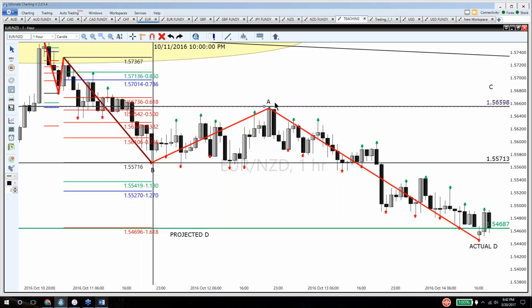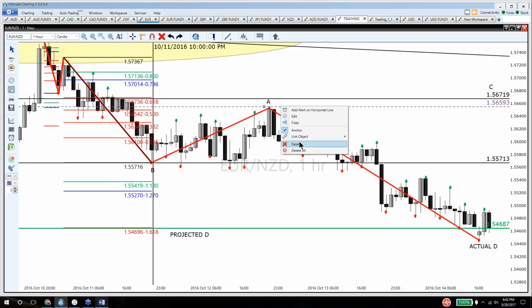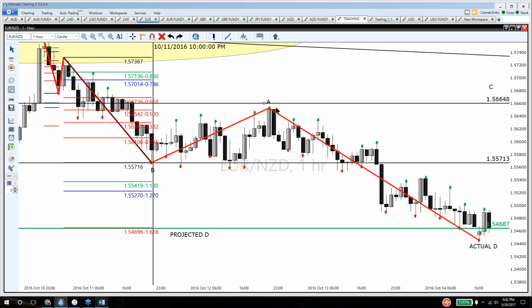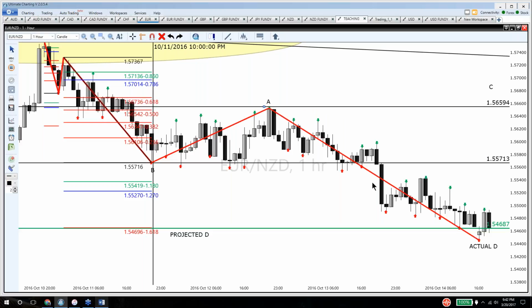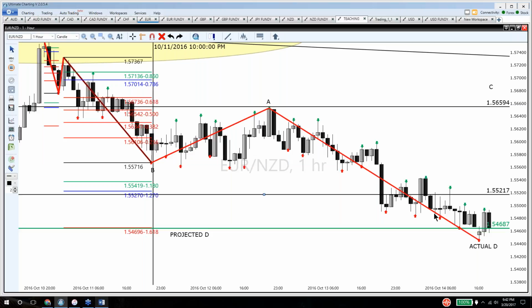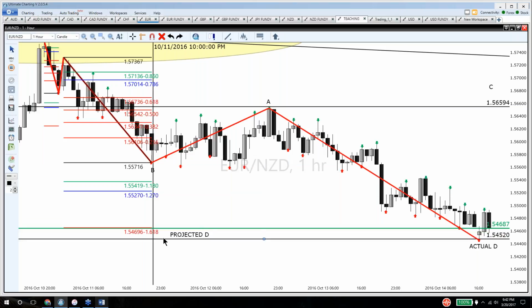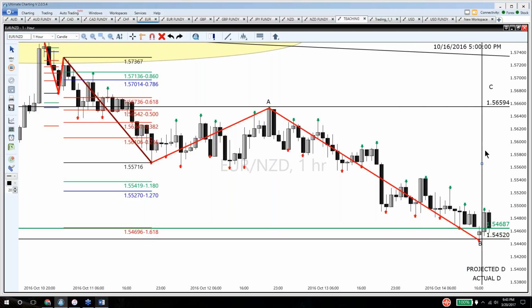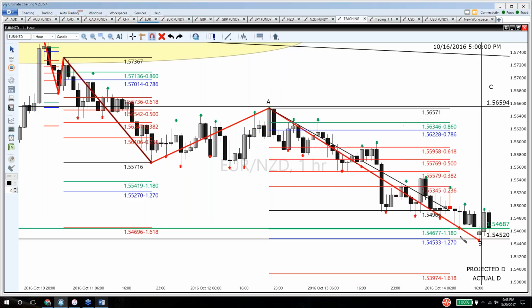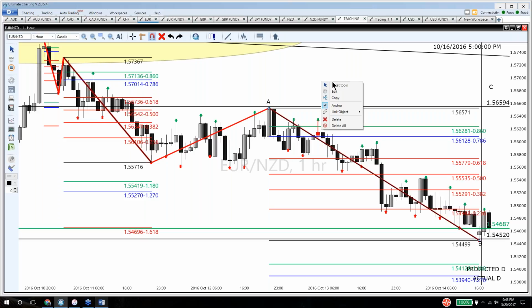C becomes A. The actual D becomes my new B. And I can draw myself a new Fibonacci from the high to the low.